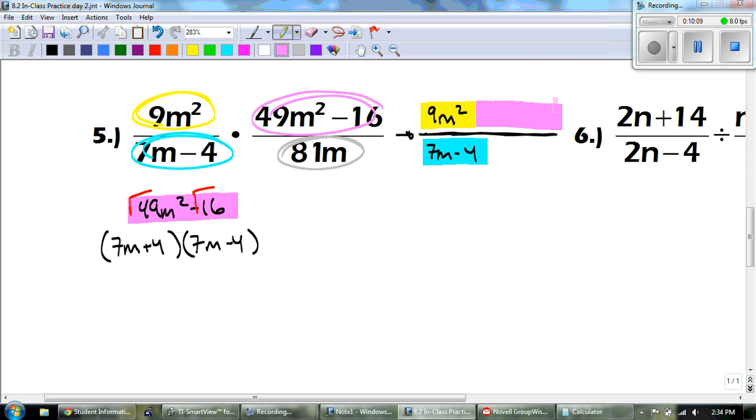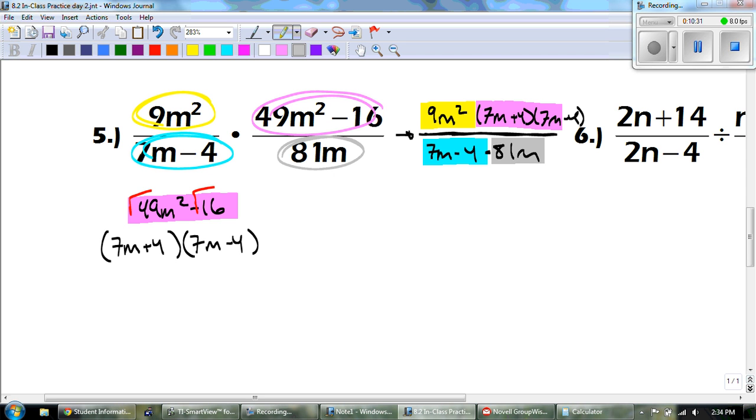So that's what we're going to write on the top now. Okay, I have 7m plus 4, 7m minus 4. Okay, and then the last one, the 81m just stays on the bottom. Okay, there's nothing I can do with that.